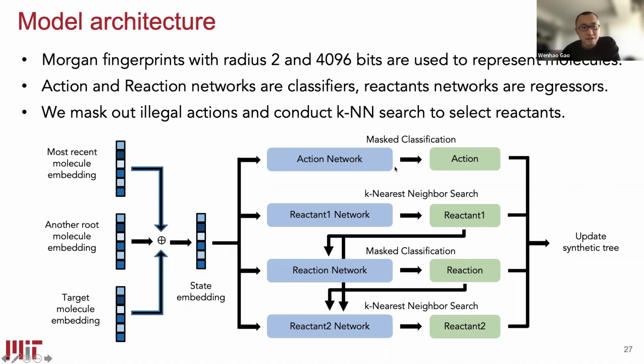The action and the reaction networks are classification networks. But as there are too many viable reactants, the reactant selection networks only predict 256-bit fingerprints and conduct k nearest neighbor search to select the reactant from available building blocks.